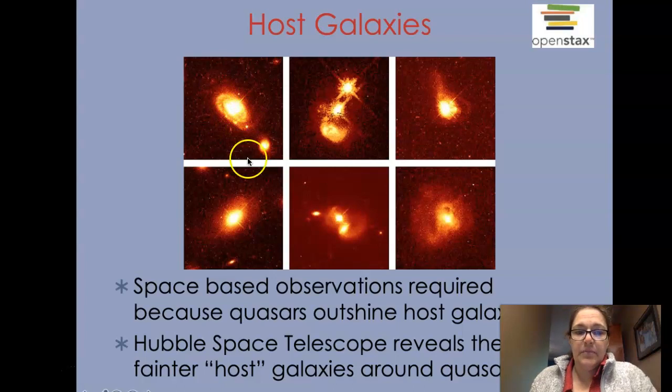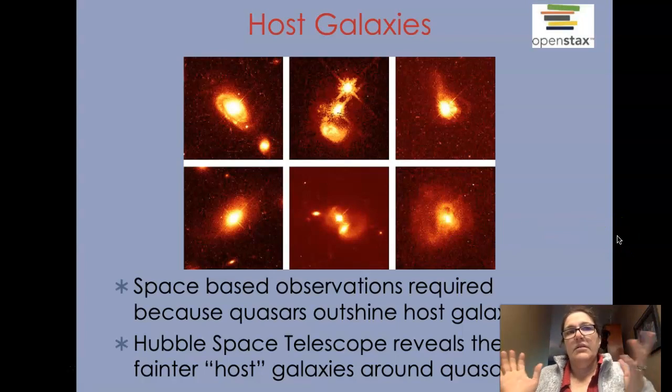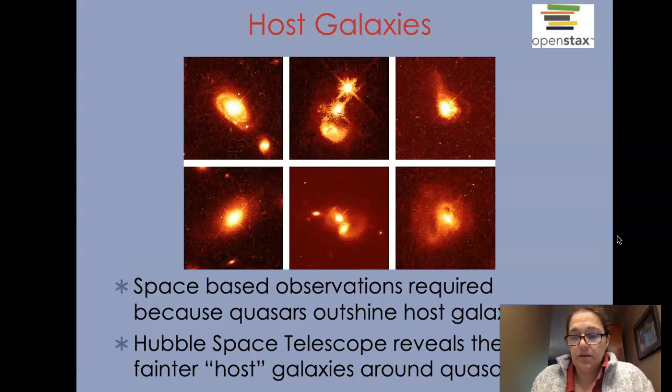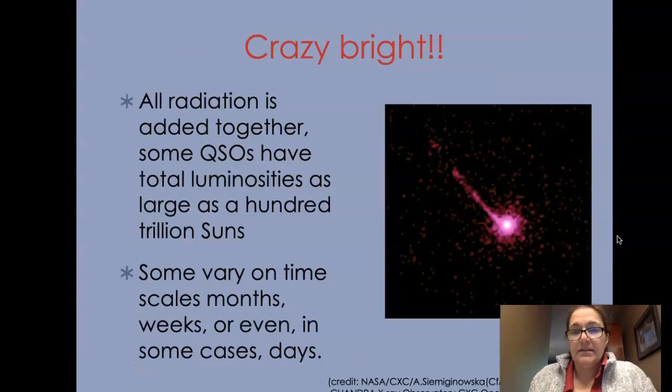A nice spiral, an elliptical, interacting galaxies, irregular galaxies. So yes, the quasar is in a galaxy. The galaxy has the same redshift as the quasar. Hubble's law applies. They really are as far away as they say they are. So this means that they are crazy bright.